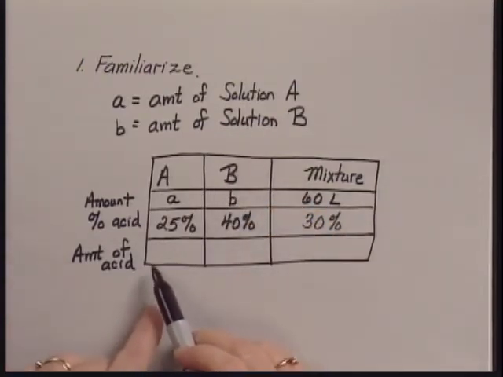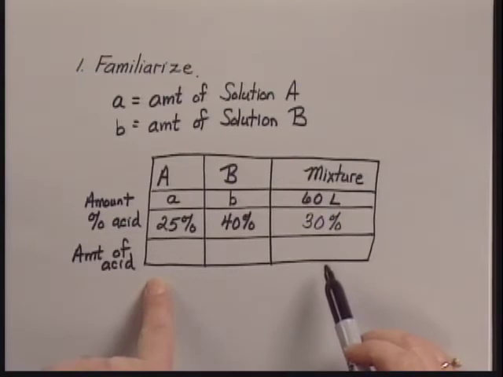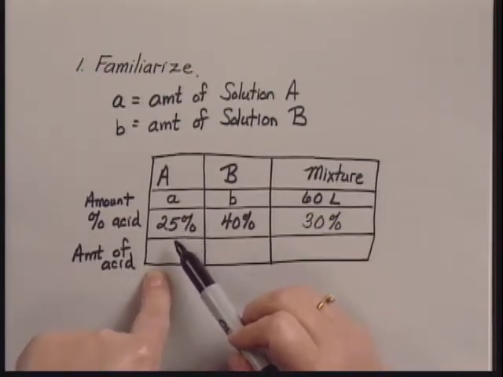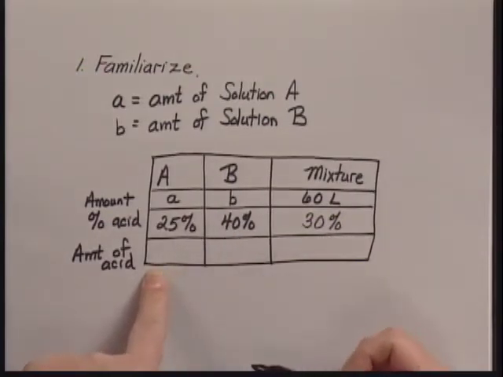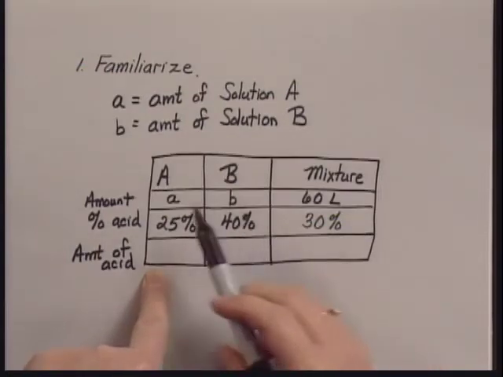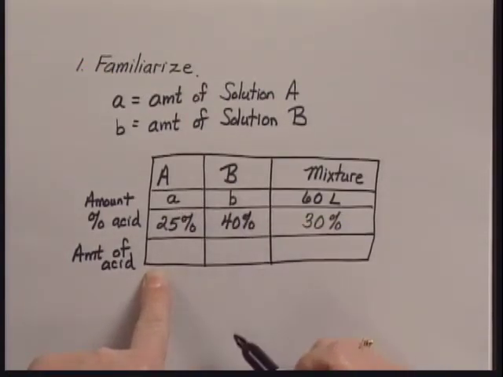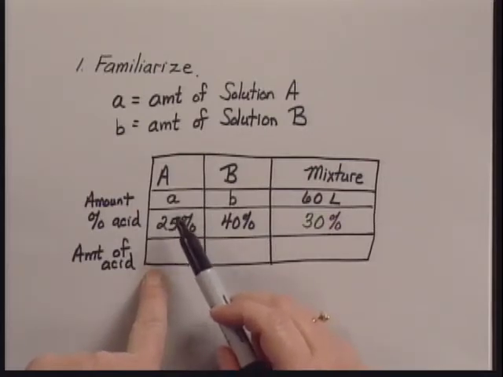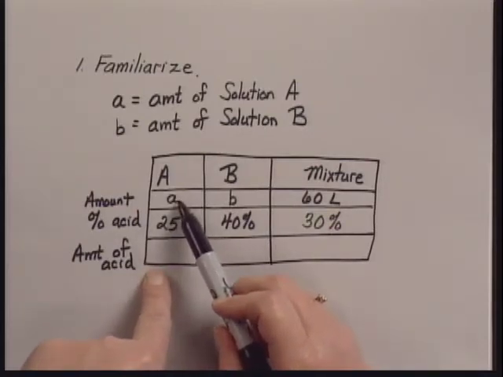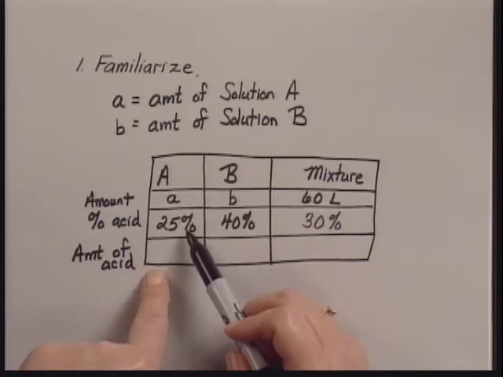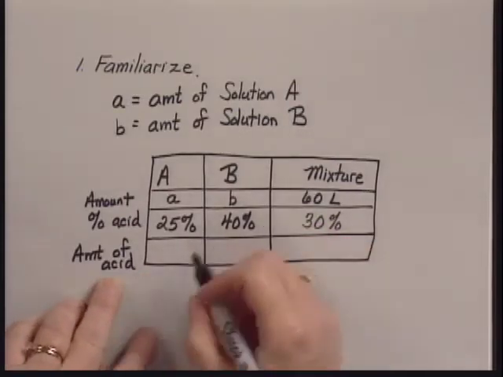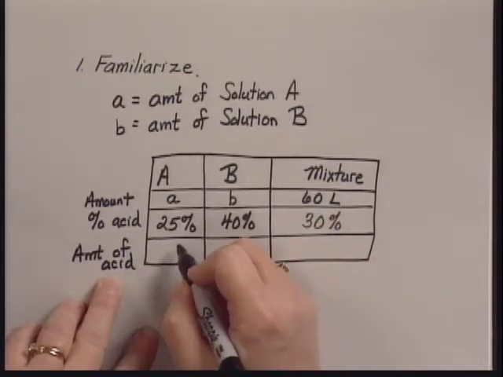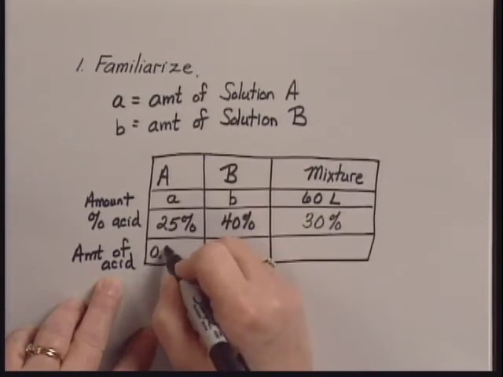Now, how about this bottom row, the amount of acid? Well, I'm going to have to use A and B. I can't introduce any other variables here because I'm only going to have enough information to solve for two variables. But I can think: if I have A liters of a solution and 25% of it is acid, then the amount of acid is 25% of A, or 0.25A.